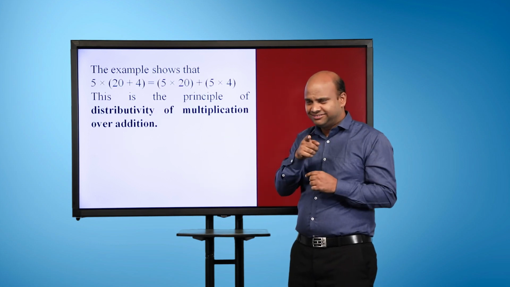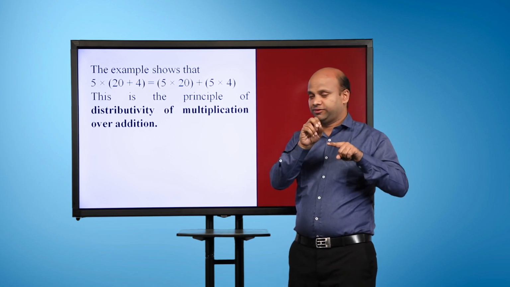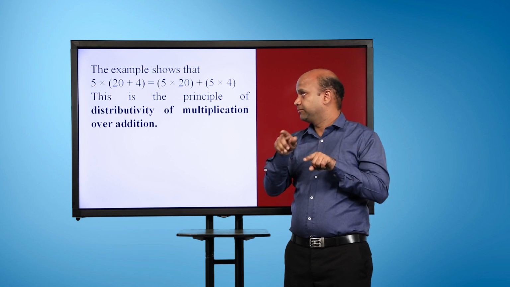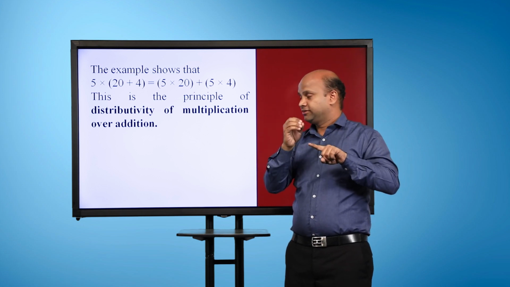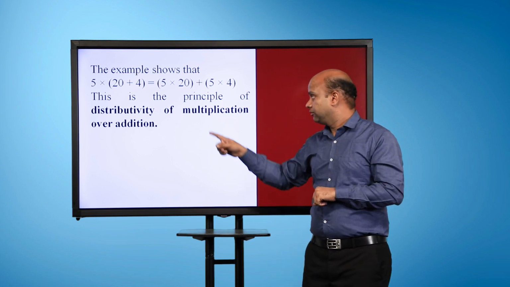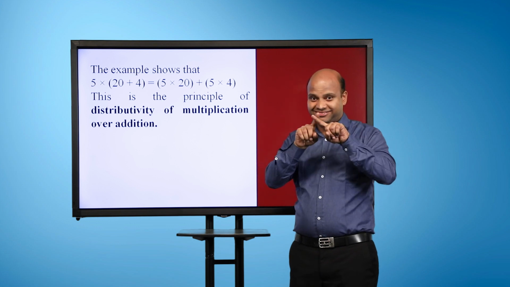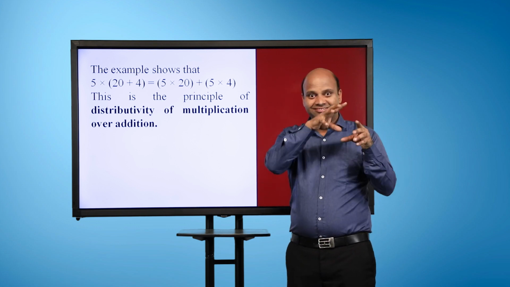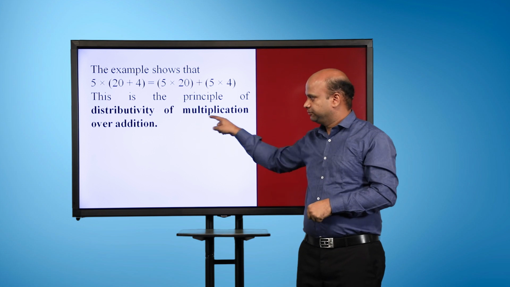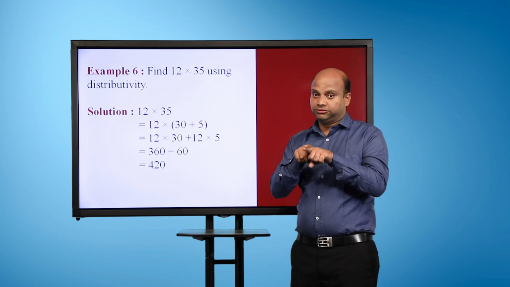The example shows that 5 multiplied by, in brackets, 20 plus 4 is equal to, in brackets, 5 multiplied by 20 plus, in brackets, 5 multiplied by 4. This is the principle of distributivity of multiplication over addition. Example 6.